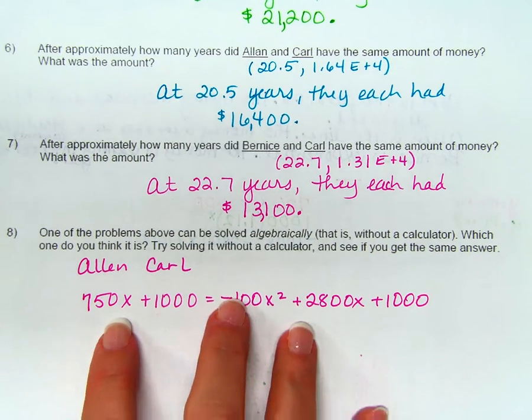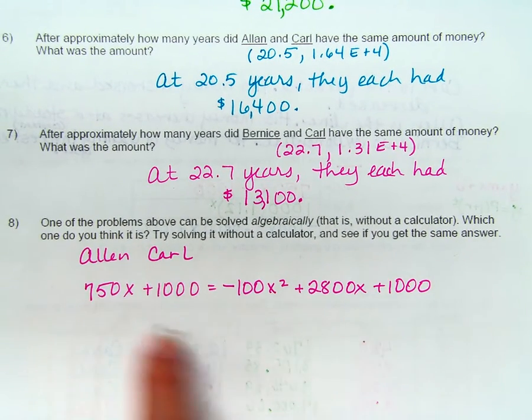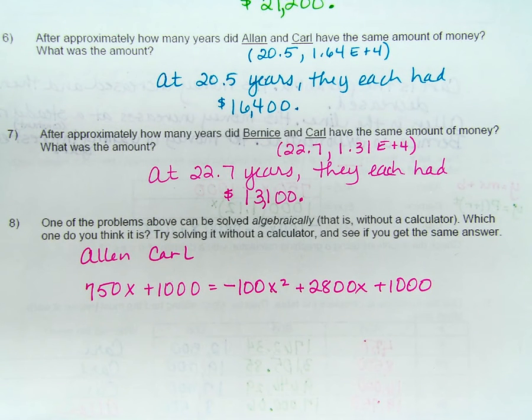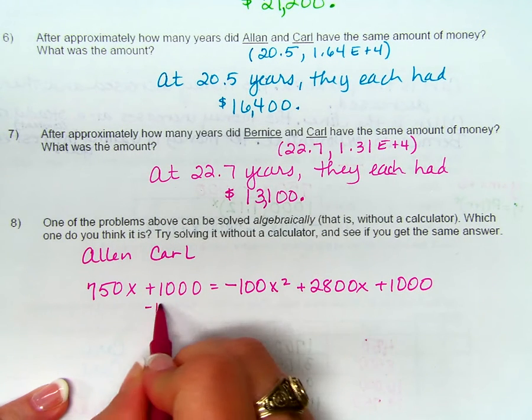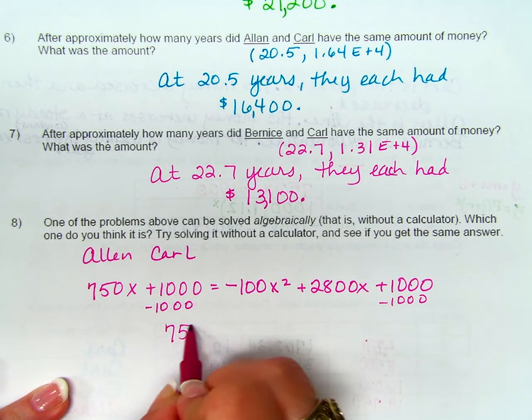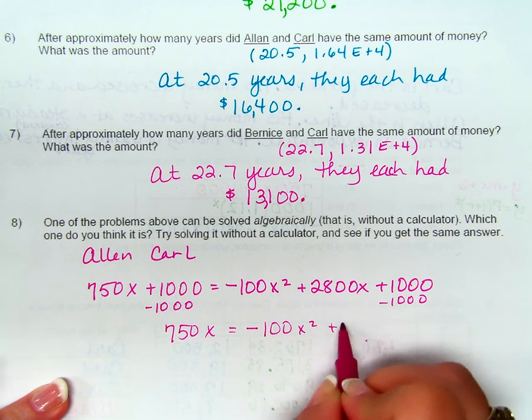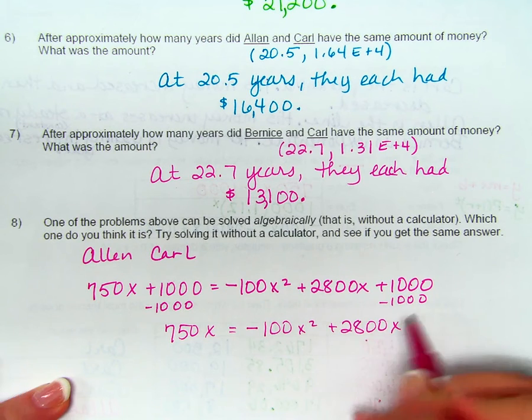So just solve this one, subtract 1,000 from each side. That'll get that to go away. Get all your x's together. See if you can factor out something common. And then solve for x. You want me to keep going? Okay. So subtract 1,000. 750x equals negative 100x squared plus 2,800x.